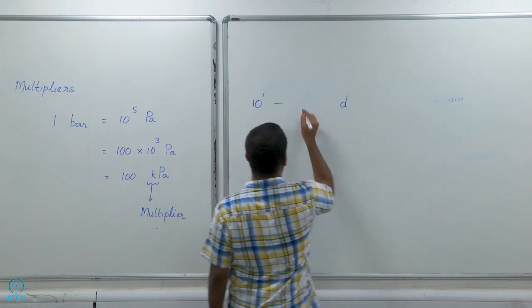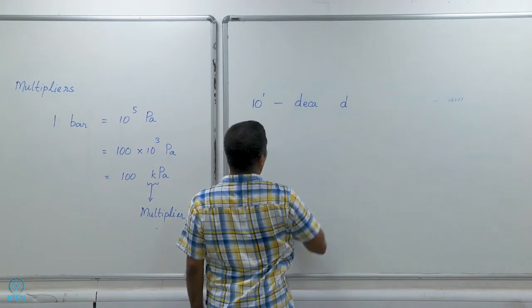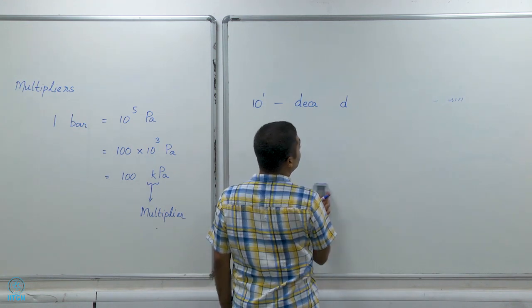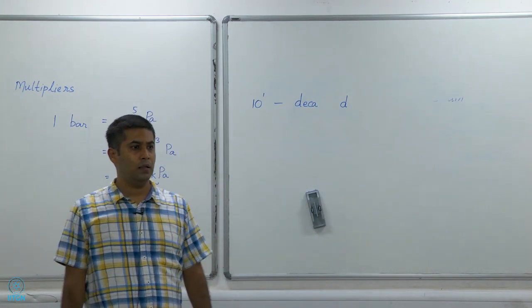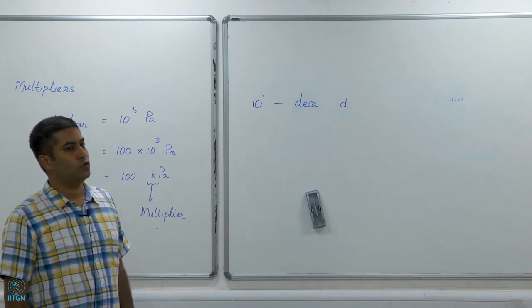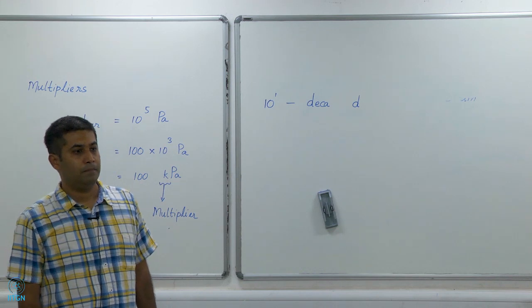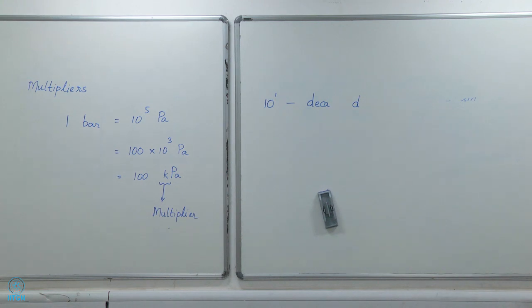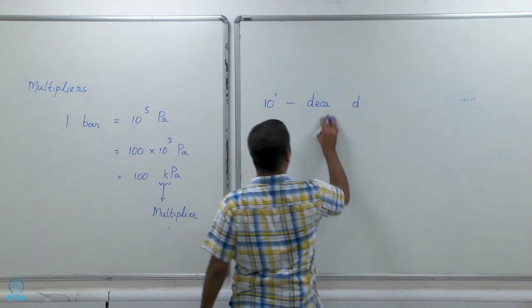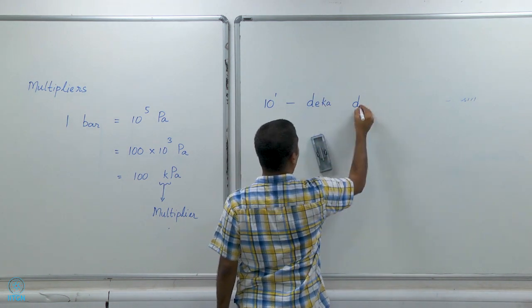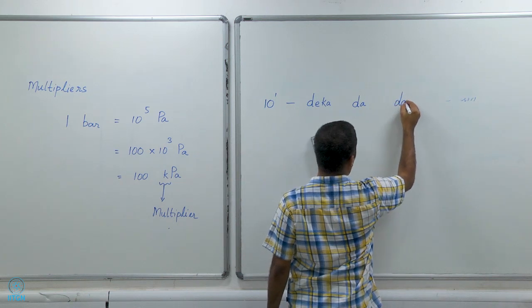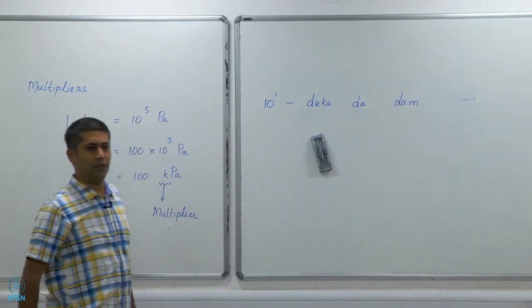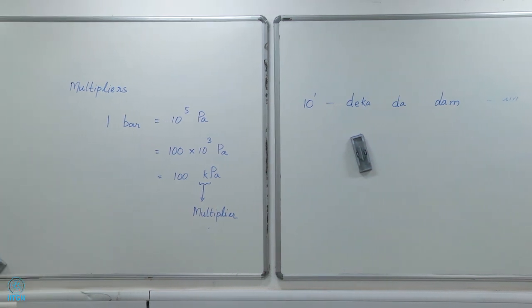So, this is deca, right? And deca is designated by small d... I think it is small h. Let me check. DA, deca, okay. So, it is not DECA, it is DEKA and it is DA. So, DAM, right, it would be decameters. It is rarely used, so let us not worry too much about it.